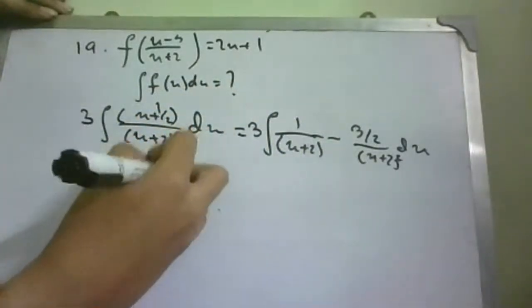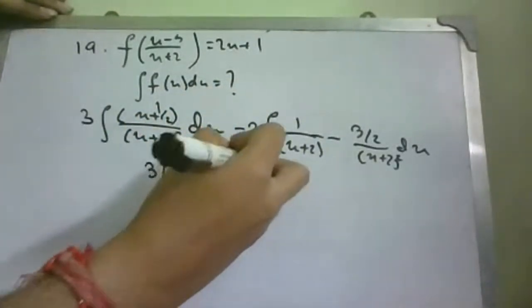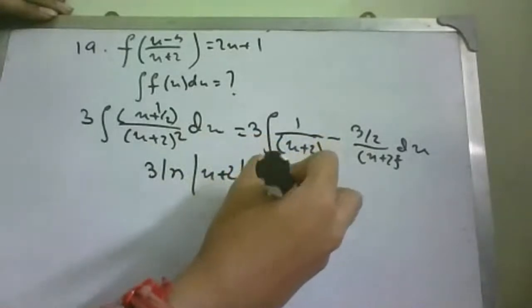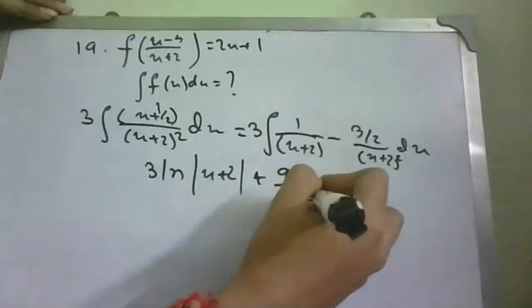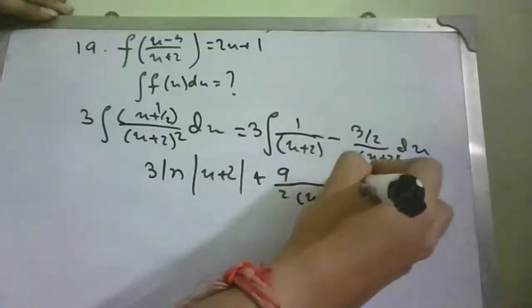So this is 3 times the natural log of (x plus 2) minus 9 by 2 over (x plus 2), plus c.